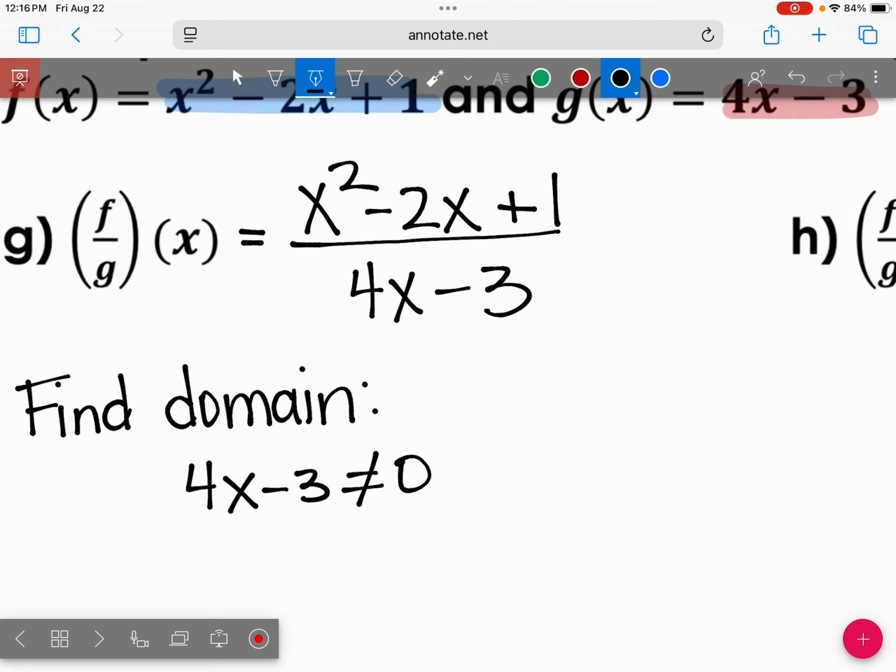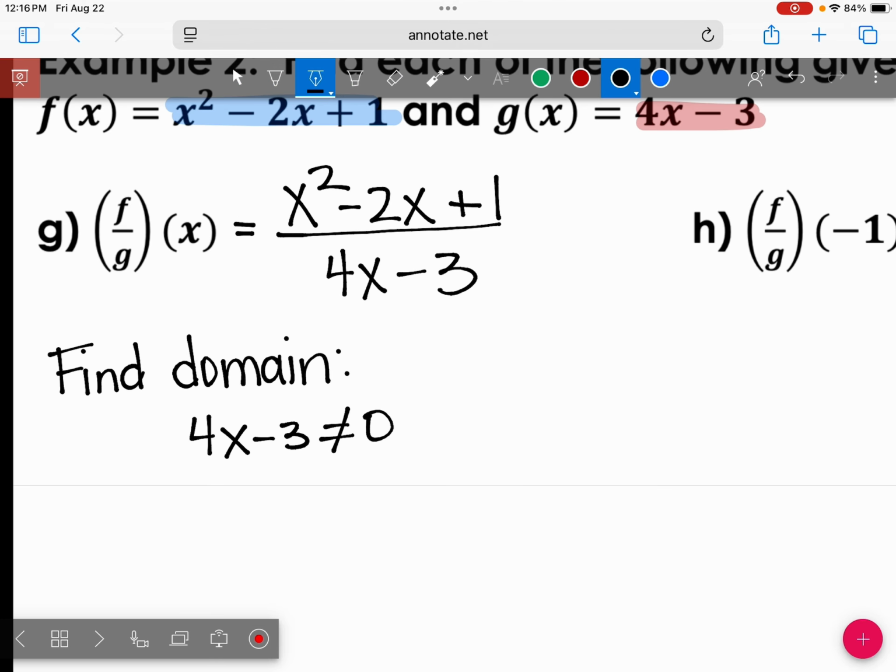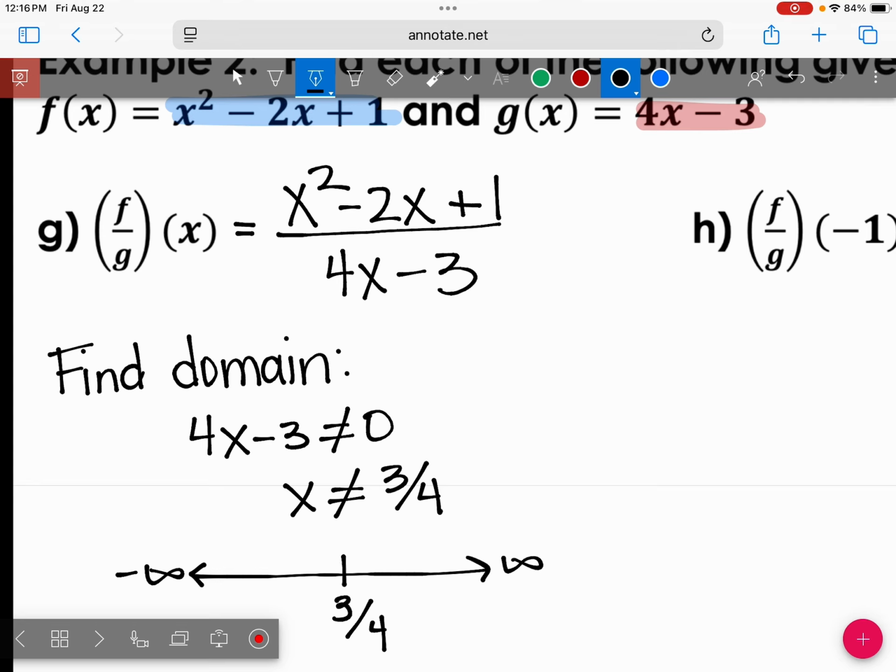So 4x minus 3 cannot be 0. I didn't show my work, but what I did was add 3 and divide by 4. On a number line, we have to skip over 3/4. This is an open circle.